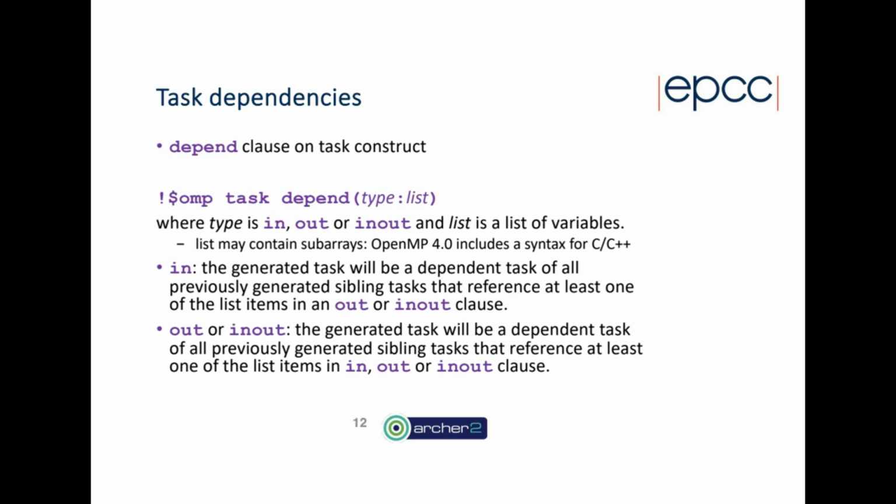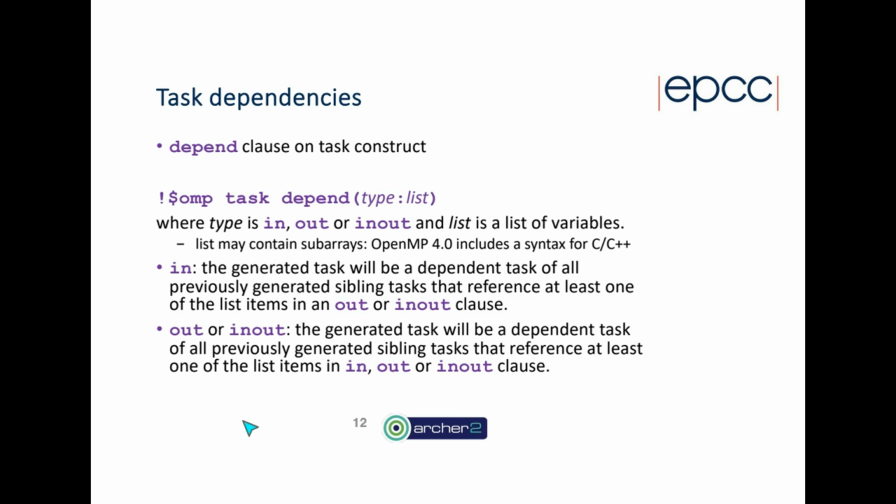Dependencies only work between sibling tasks, meaning tasks at the same level of nesting. You're not allowed to express dependencies between tasks at different levels of task nesting. It only works for siblings. And as far as the dependencies are concerned, out and inout are synonymous.